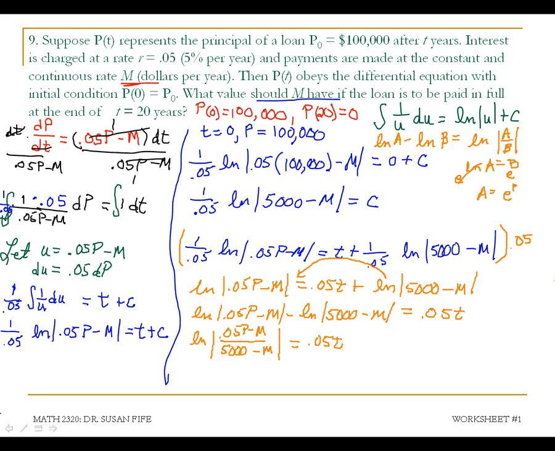You get a equals e to the b power. So on my last equation, if I write both sides as an exponential, on the left side my e and my natural log cancel out to give me 0.05 P minus m over 5,000 minus m equals e to the 0.05 t.